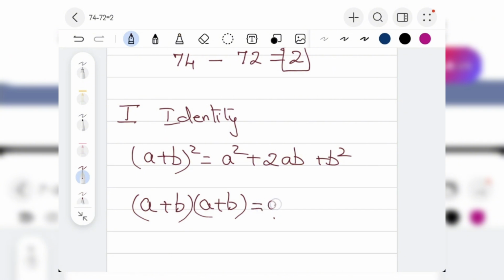It is a into a plus b, and that is, we are multiplying the first variable a with a into b, and then we take this plus sign here, and then we take b and multiply it again with a plus b. This is binomial multiplied by binomial.